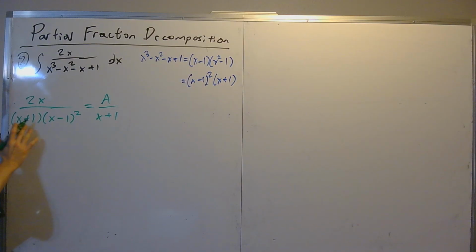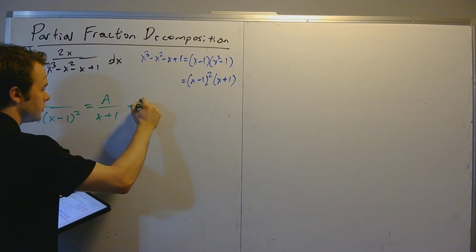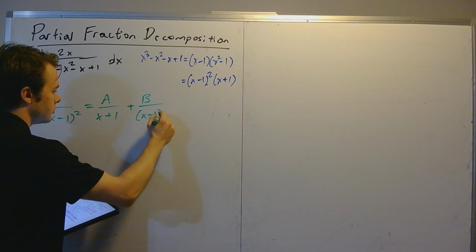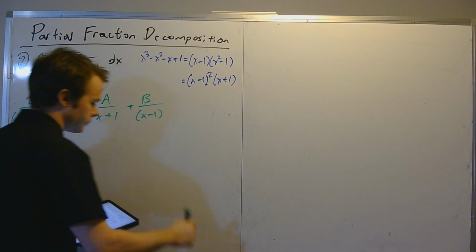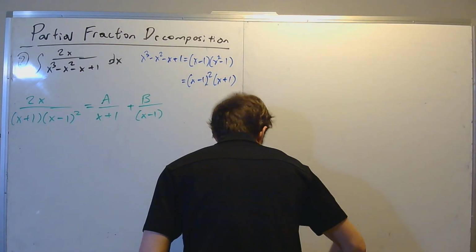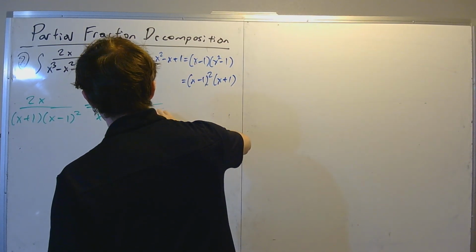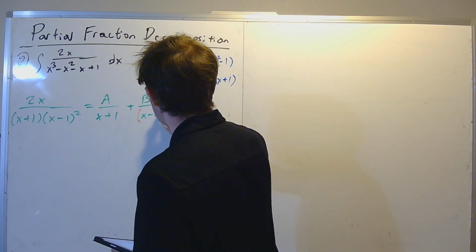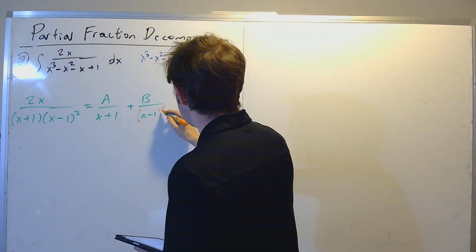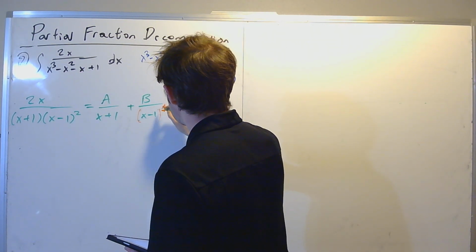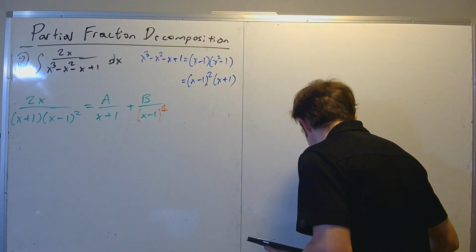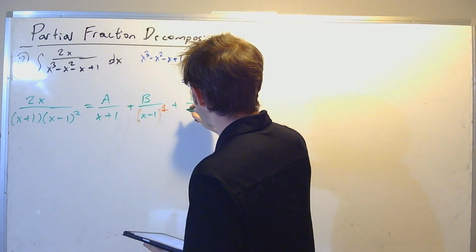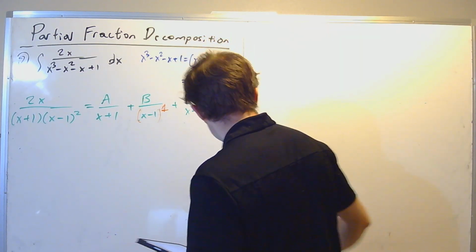So that was our first factor, plus B over x minus 1 to the power of 1, plus C over x minus 1 to the power of 2.